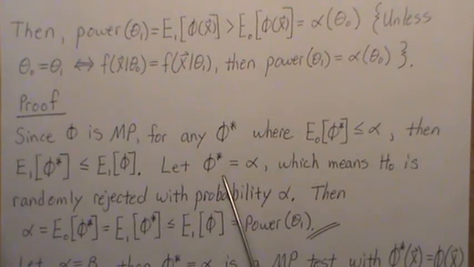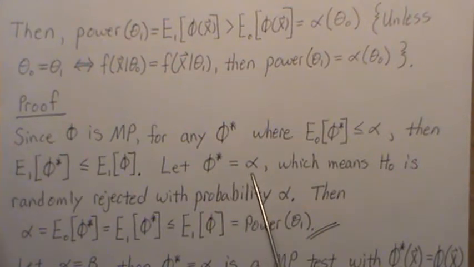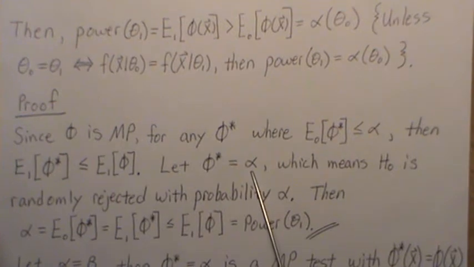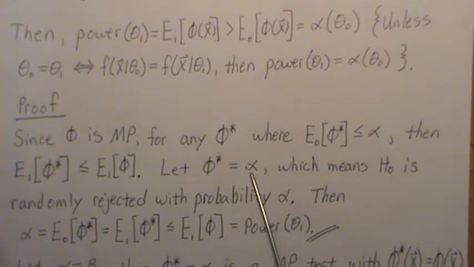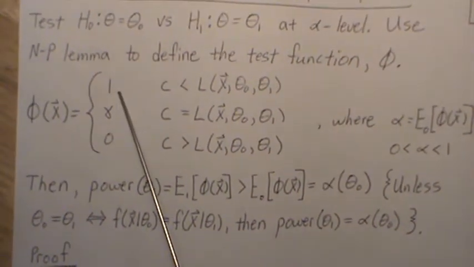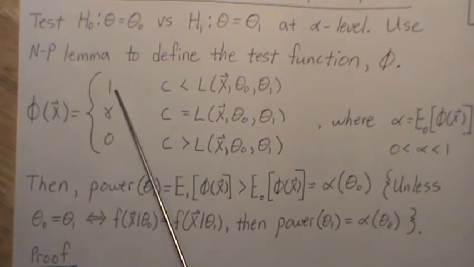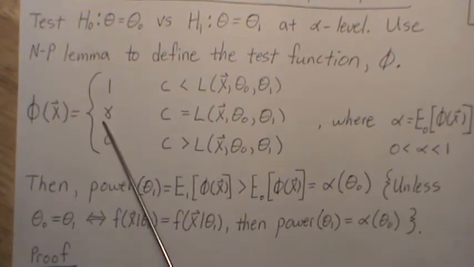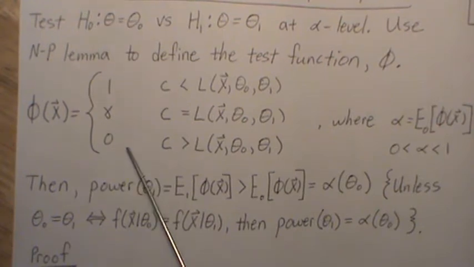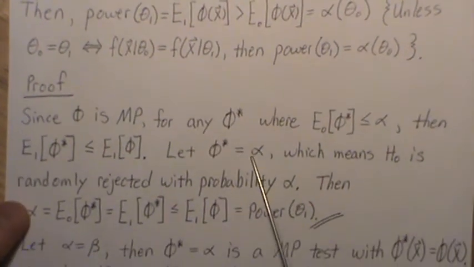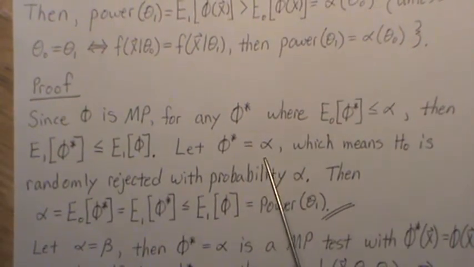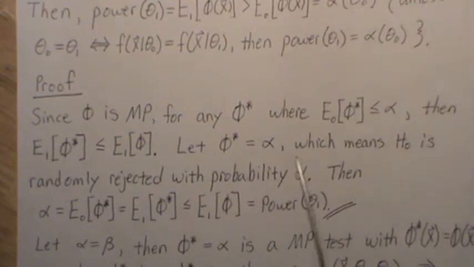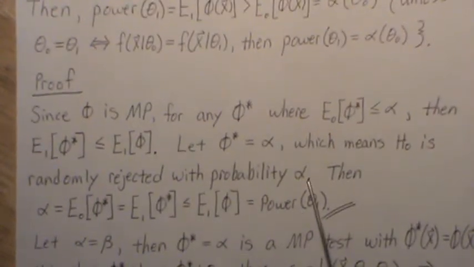Let's just call it phi star is equal to alpha. What that means is that we randomly reject the null hypothesis with probability alpha, right? So it's similar to this setting. Here, we reject the null with the gamma probability, and we do not reject. But here we're just saying it doesn't matter what we observe in the data. We're going to randomly reject the null hypothesis with probability alpha. So this means that H naught is randomly rejected with probability alpha.